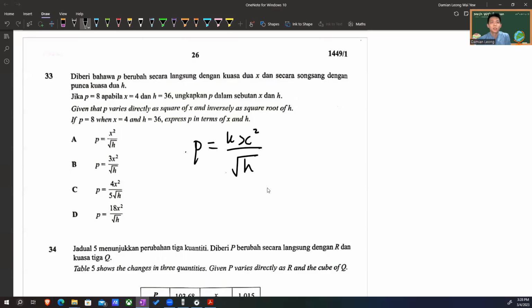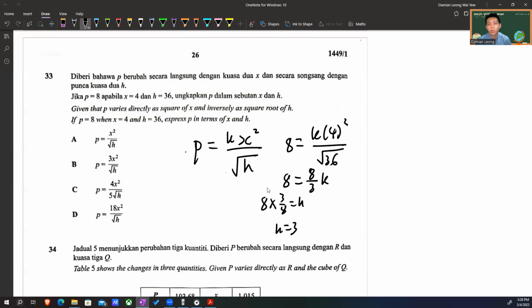I need to find K. Just sub in the values here. 8 equals K times 4 square over square root of 36. 4 square is 16, divided by square root of 36 which is 6. 16 divided by 6 is 8 over 3. Bring over the fraction, times 3 over 8 is K, so K is 3. Means P is 3x squared over square root of H. Answer B. That's question 33.